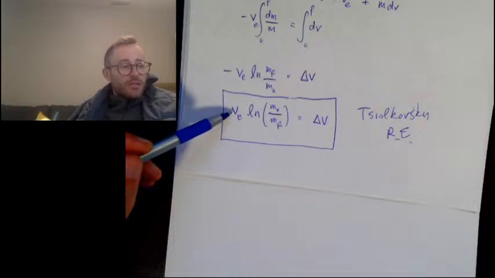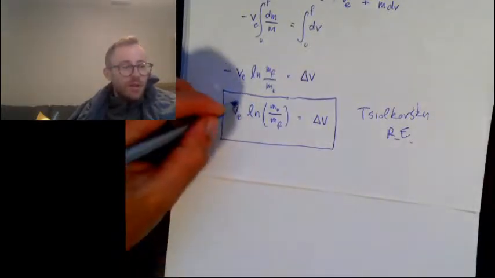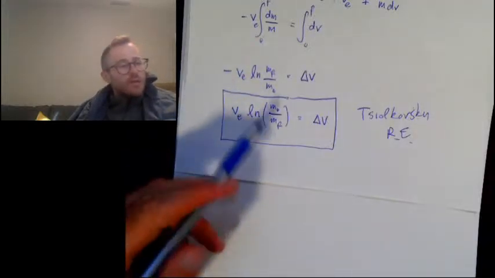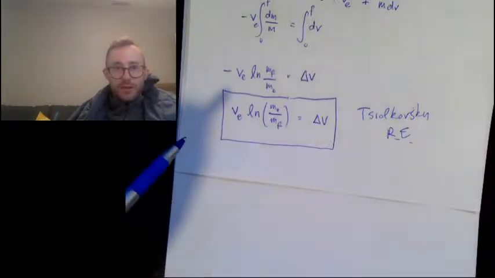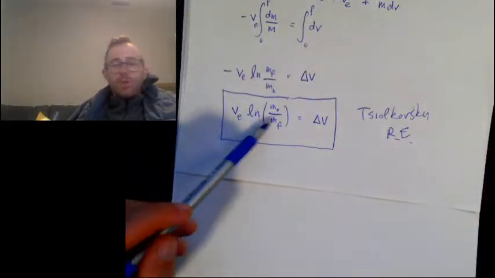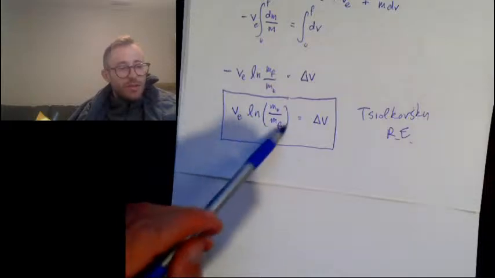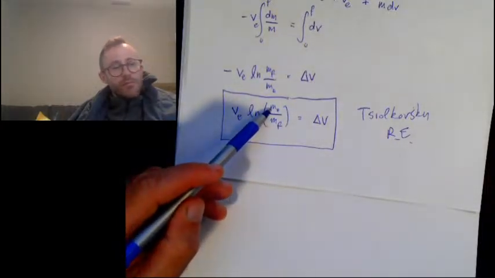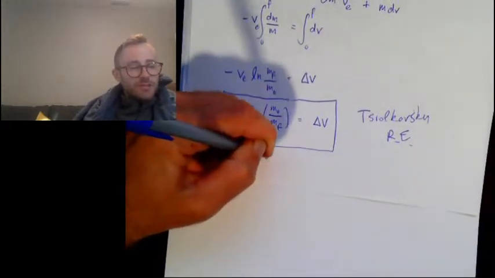You want the rocket to squirt out exhaust at the highest speed possible. The greater the exhaust speed, the greater the change in velocity that you're going to have. Also, you want the rocket to lose a ton of mass worth of fuel. We can see that there's a logarithmic relationship here. So, what if M initial is 5 times M final?